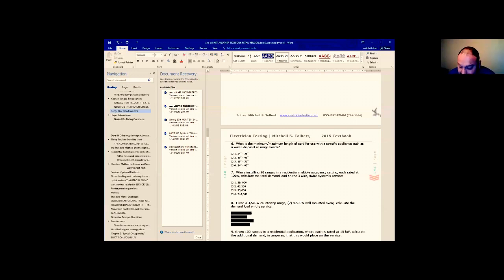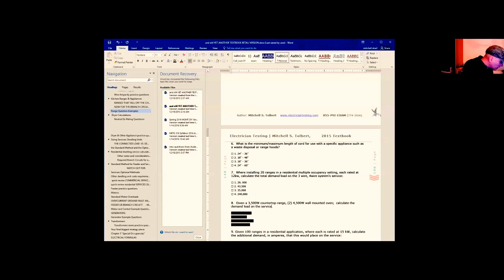Is it 6,875? So you took 3 ranges under column B at 55%. Yeah, 55%. And then you took 8 plus 4,500, which is 12,500. 12,500 times 55% gave you 6,875. So that would be a service calculation.